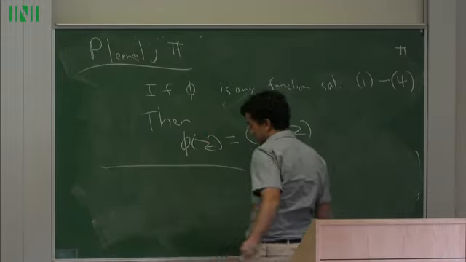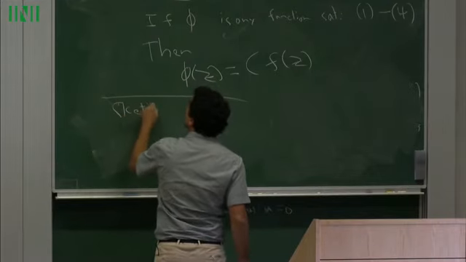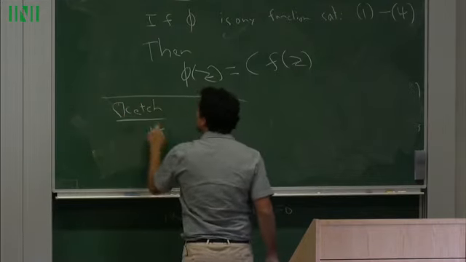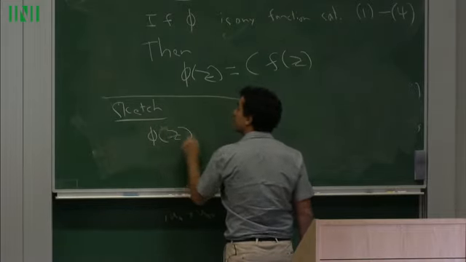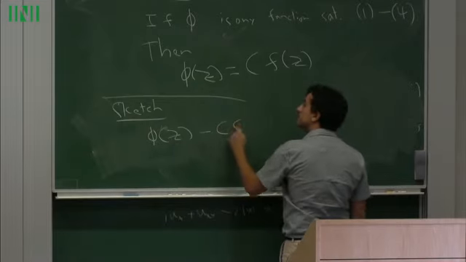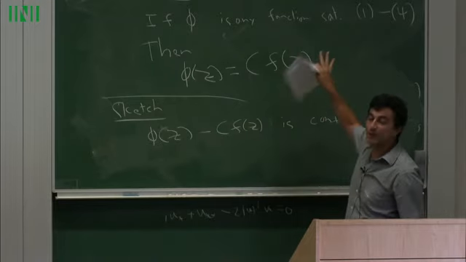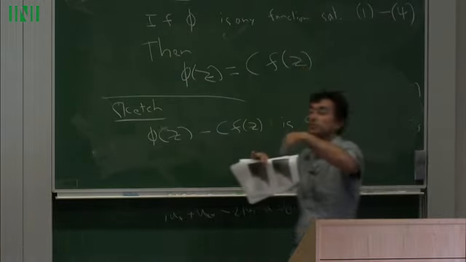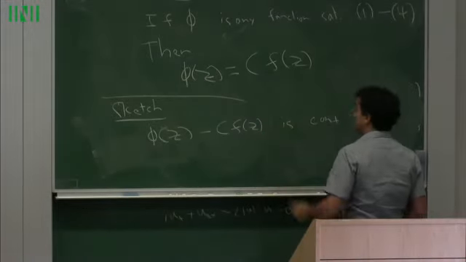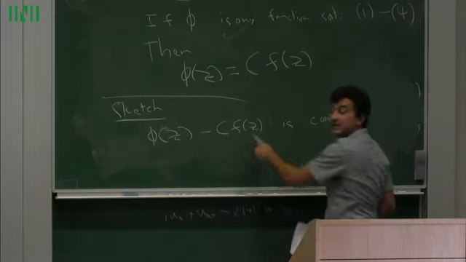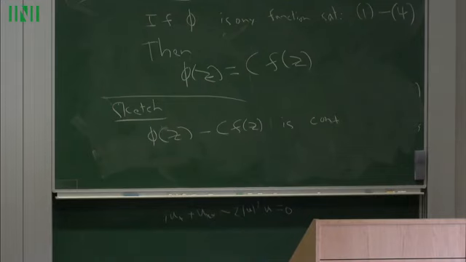Okay. And this is pretty easy to see. You just take, now, I'm being a bit vague in how I state the theorem, because to state this precisely, you have to talk about angles of approach and various things, which I don't want to do. But the sketch is, if we take the difference of phi and c, then the jump it satisfies on our contour is 0.